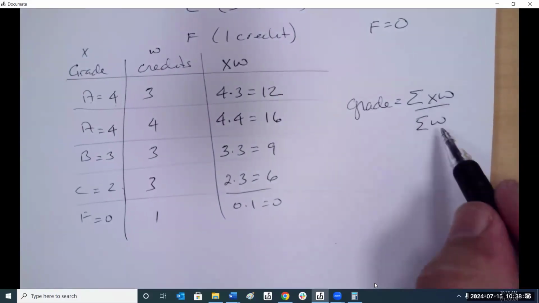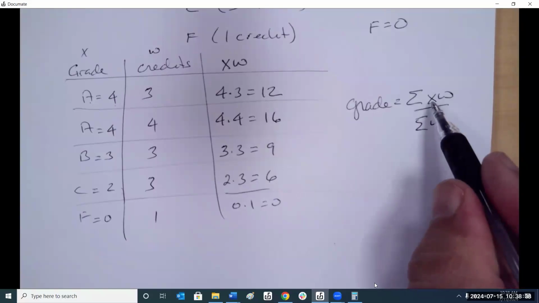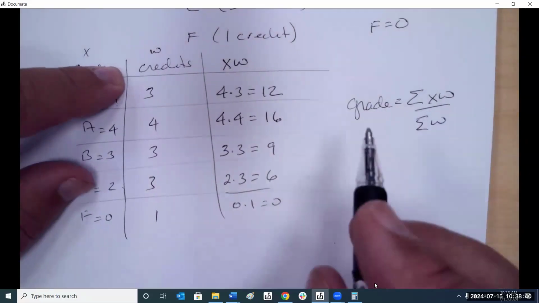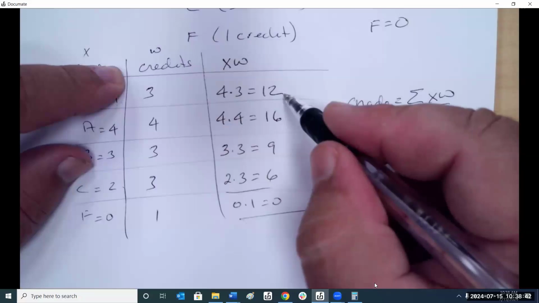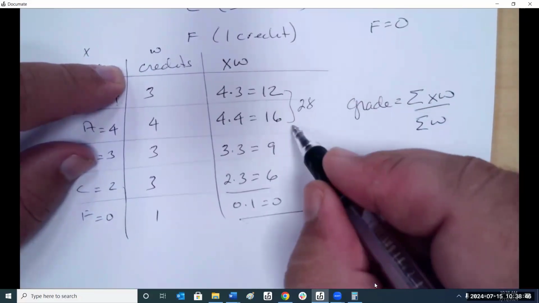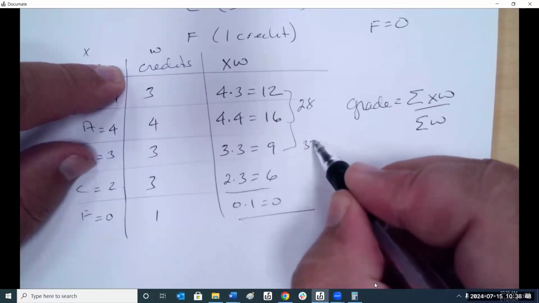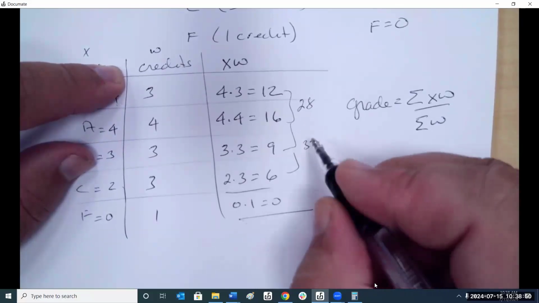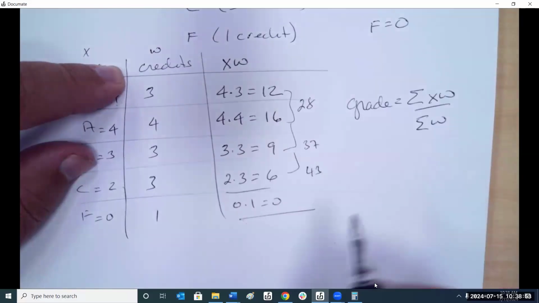Remember, your grade is the average of the grades times credits. So you have to add up all those first. 12 plus 16 is 28. Plus 9 is 37. Plus 6 is 43.